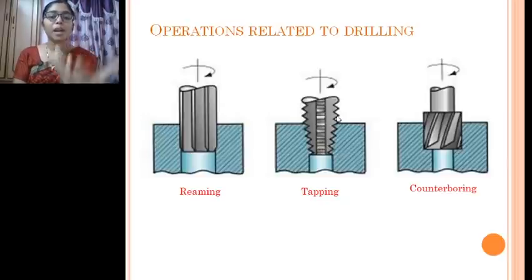So if there are multiple edges like this, then what output will we be getting? We'll be getting internal threads. So by using a tapping operation, we can produce internal threads in a hole.